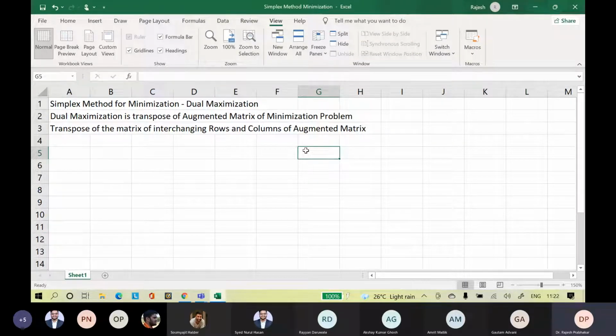So we have to convert the minimization problem into a maximization problem using the transpose method. This process we will call the dual of the minimization.